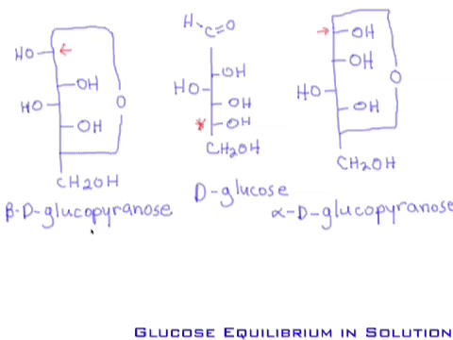Now it turns out that these species are in equilibrium. When D-glucose is dissolved, the D-glucose in solution, the free straight chain form, is less than 0.02%.